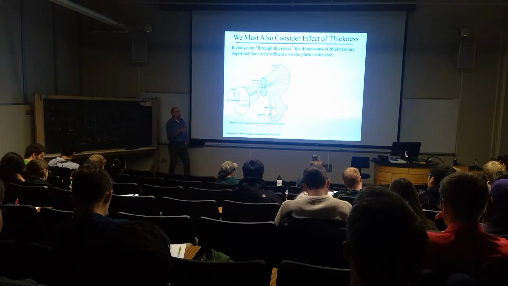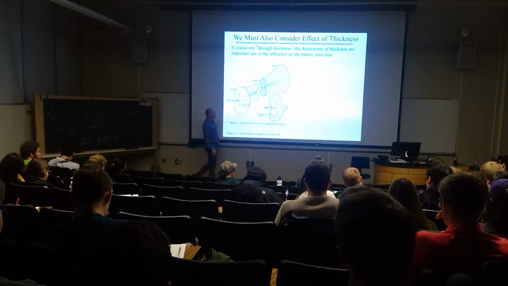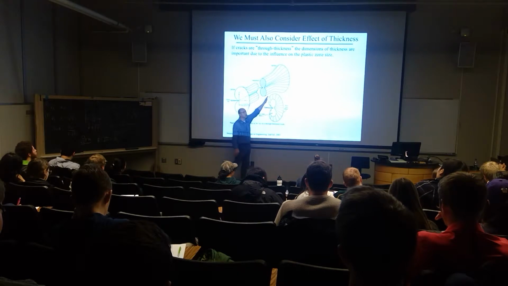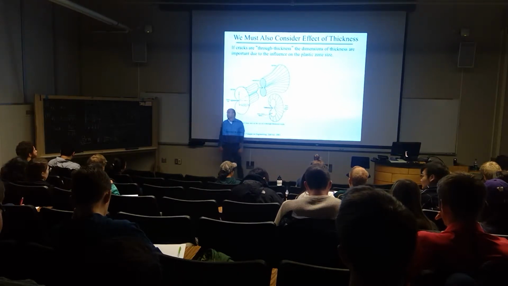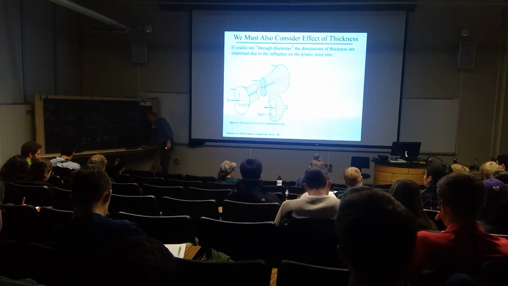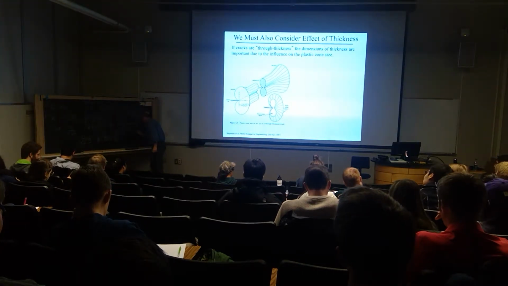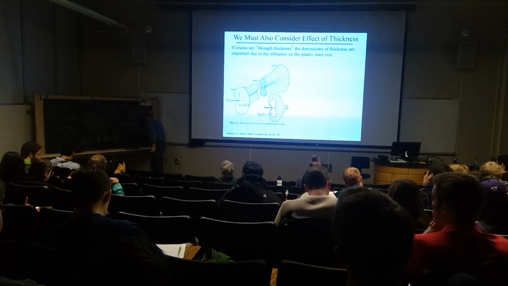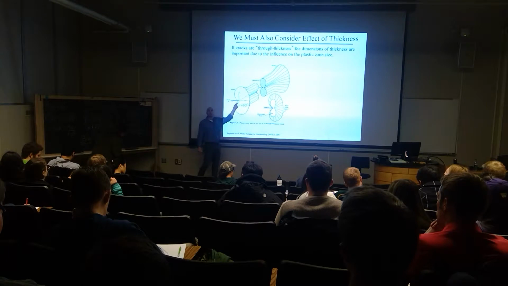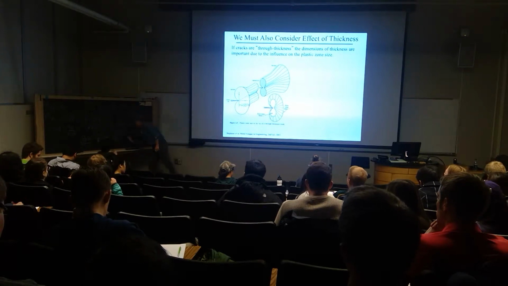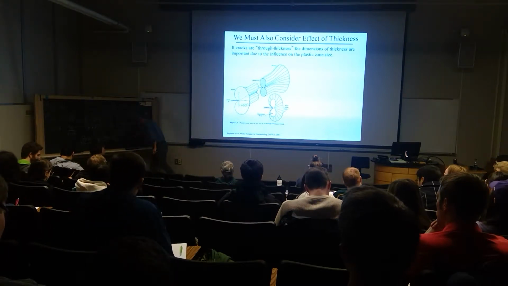The importance of this is that if you have bodies that are thick enough, the interior is under what's called plane strain. And that plane strain condition is really this. If we say that the strain in the z direction, the through thickness, is limited, this is plane strain.